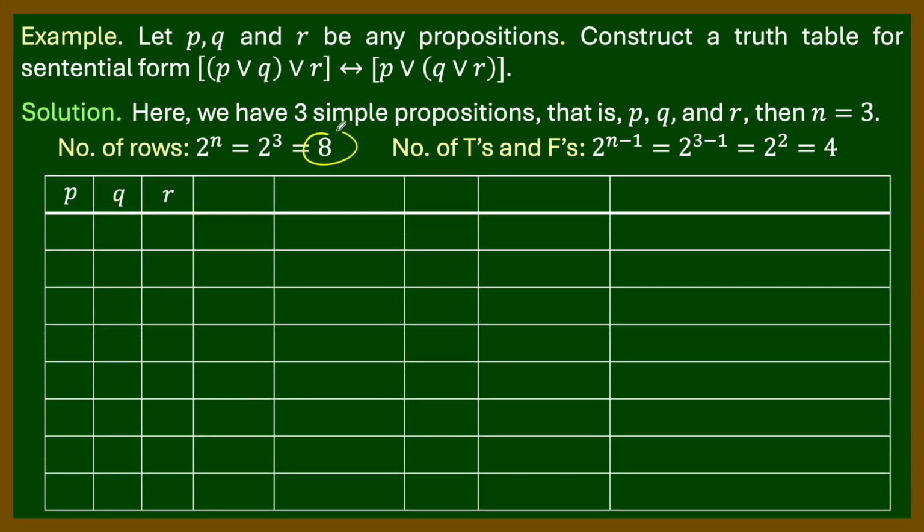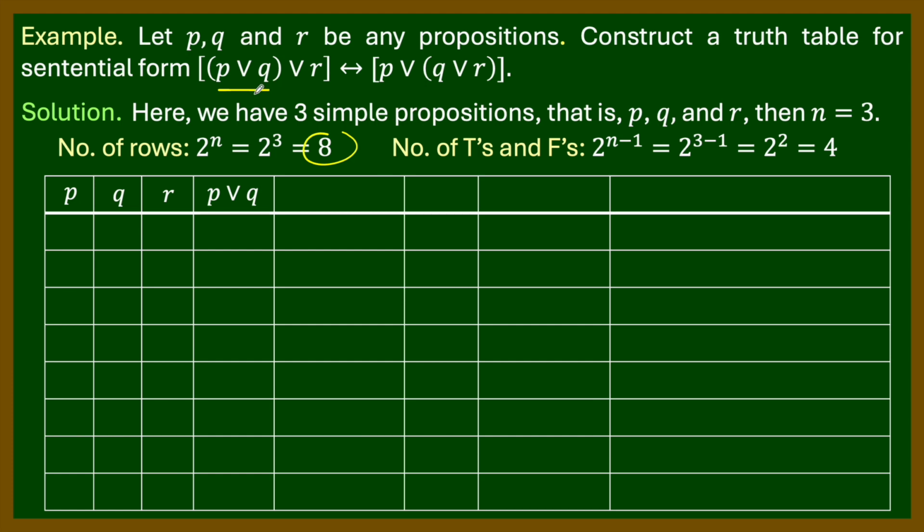Now, to construct the truth table, let us first write the column headers P, Q, and R. Observe that the next column header is P disjunction Q. We got that from this part here.